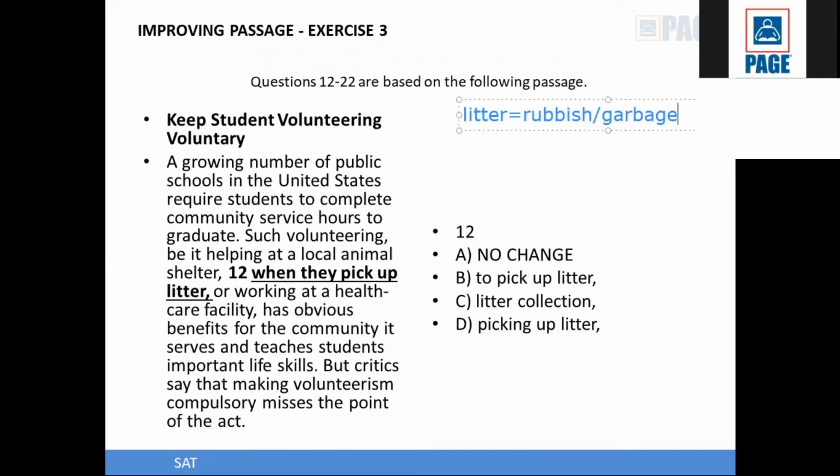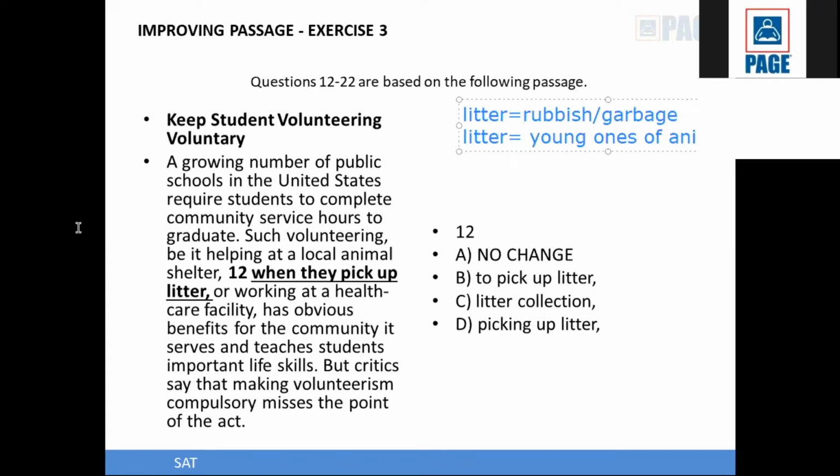Litter also means the young ones of animals, like puppies or kittens. Because they give birth to many babies at a time, many cubs, many kittens, that is also called a litter.